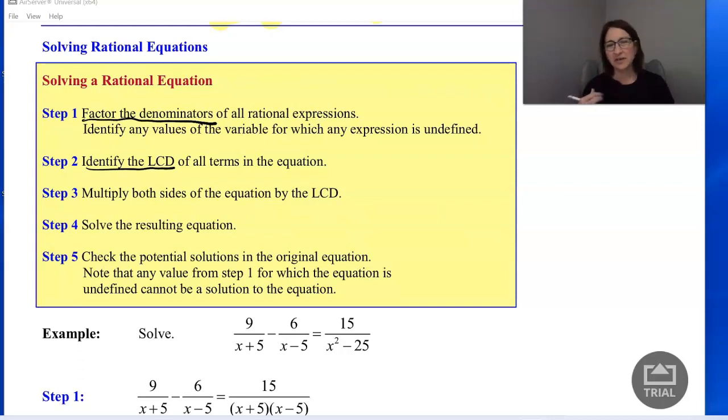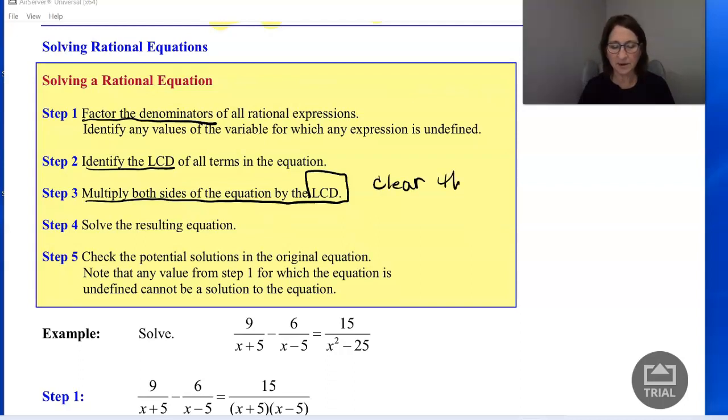We're going to use it to clear the fractions. So the way we do that is we'll multiply both sides of the equation by that LCD. And this is what we're going to do to clear the fractions. What does that mean? It means the fractions are going to go away. And then we will just solve the resulting equation.